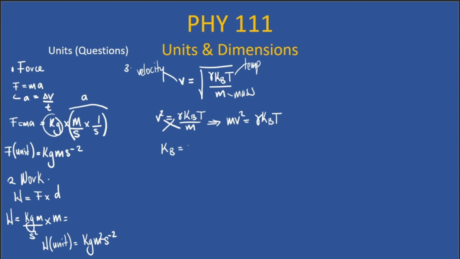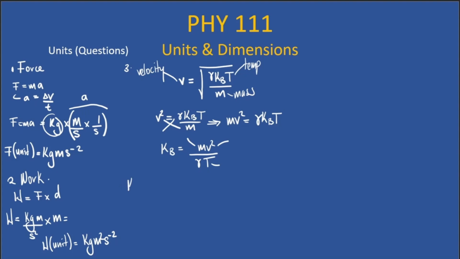So you finally have Kb alone: Kb is equal to mv squared over gamma T. And the crucial thing to notice here is that simple plain constants like gamma have no units of their own. Their unit is 1. So when you're solving for units, just take note of that. So now we can sub in for the units. For mass, m, for velocity, v, and the temperature, T.